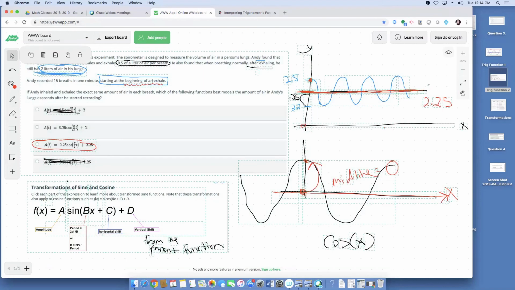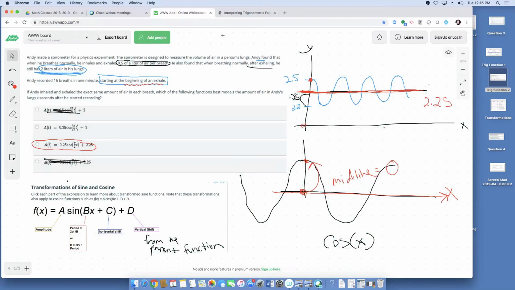Miss Kajanis, do you have anything to add to this? No, I just wanted to make sure that I wasn't confusing anybody. When you're trying to figure out the vertical shift, it's easier to look at the midline as a reference and the top of the wave, because sometimes they might stretch the wave and then move it, and that's when it gets confusing.